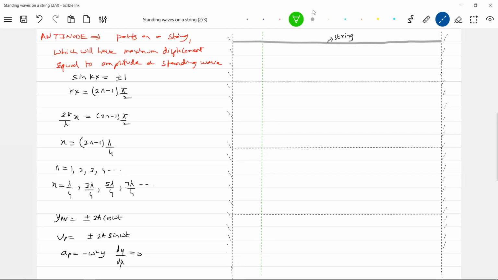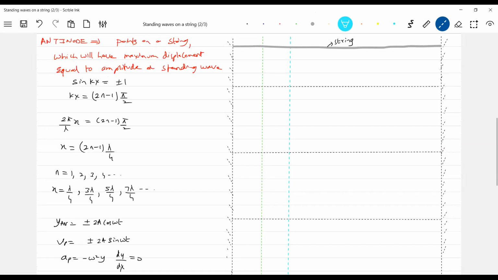Antinode. Node. Okay, this we have like this.